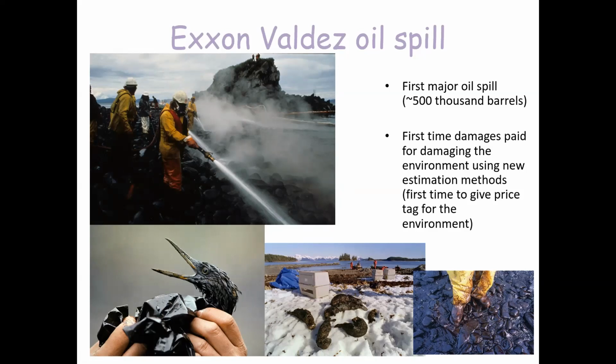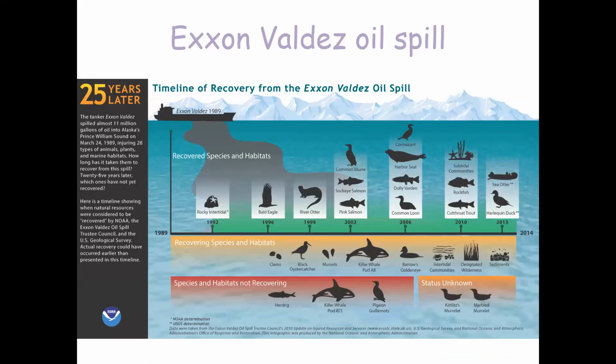I'm sorry, I'm a little bit out of it. It was the first time they actually realized how much money should be paid for environmental damage. And this is not the only time, because there have been a number of oil spills. Probably the biggest one is the Deepwater Horizon.